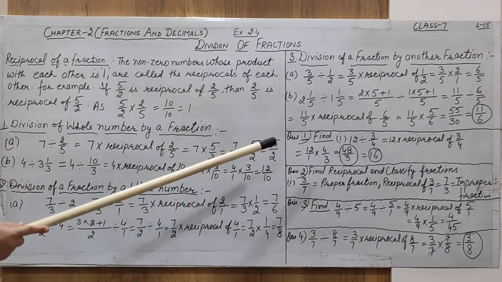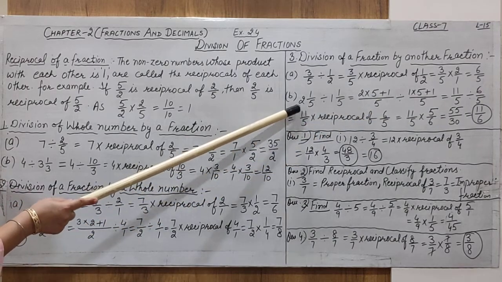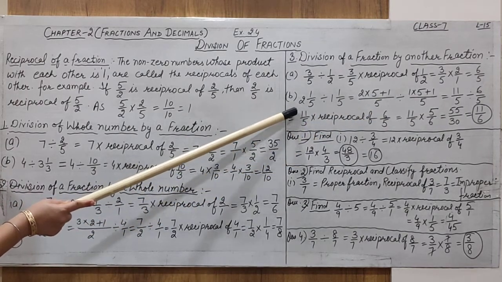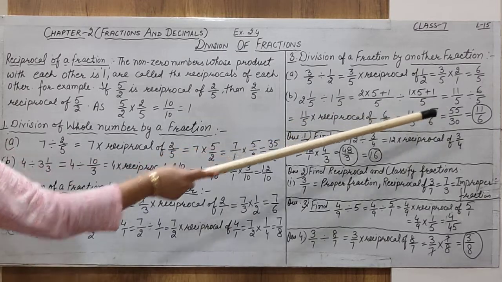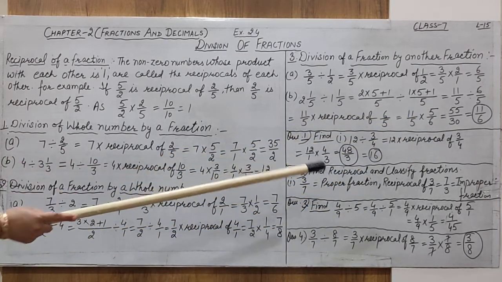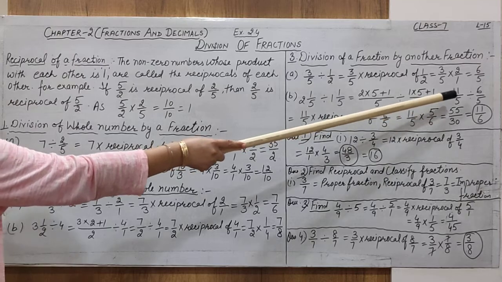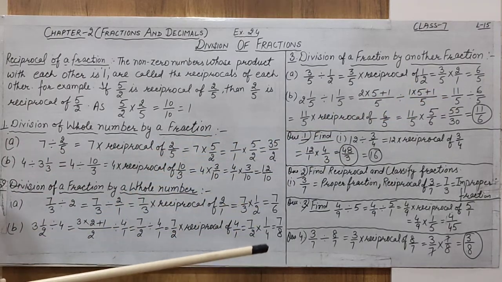So now we have to change the pattern of the question. The mixed fractions are changed into improper fractions, and now the question is 11 by 5 divided by 6 by 5.